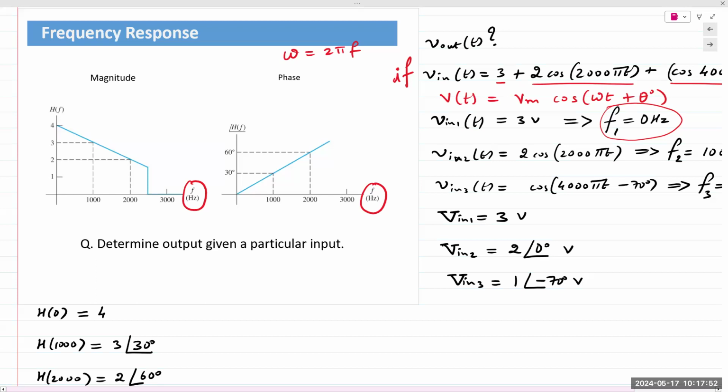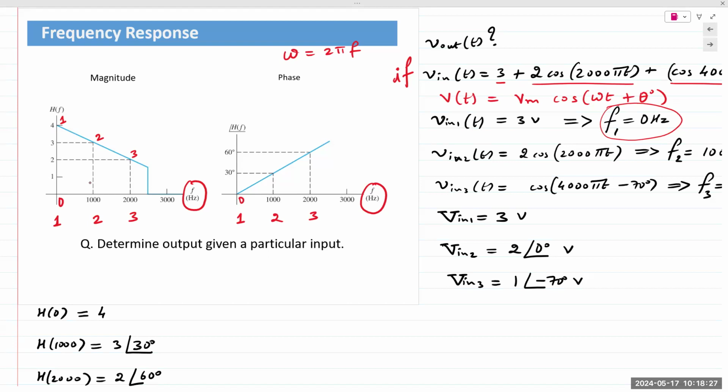Okay, then we take our frequency information, we go over to our chart. What do we see? This is 0 right here. So this is 1, this is 2, and this is 3. Same thing here. Those are the values that we need.